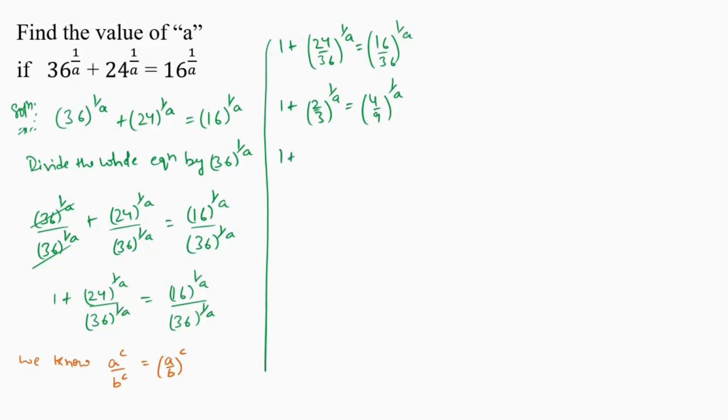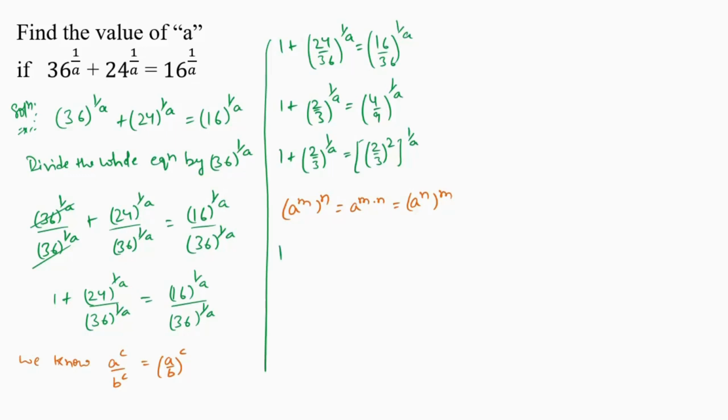This can be further written as (4 by 9) raised to power 1 by a equals ((2 by 3) squared) raised to power 1 by a. Also, we know that (a raised to power m) raised to power n can be written as a raised to power m times n, equals (a raised to power n) raised to power m.